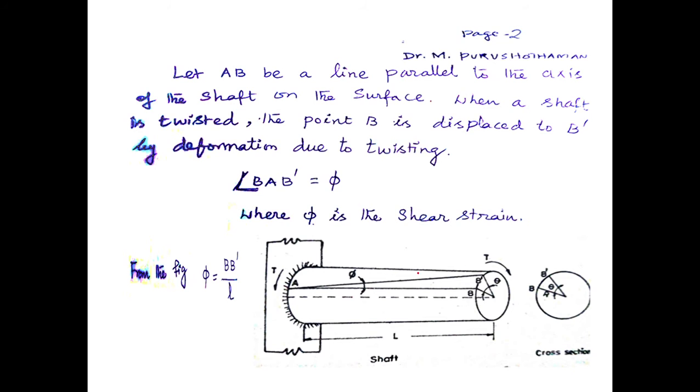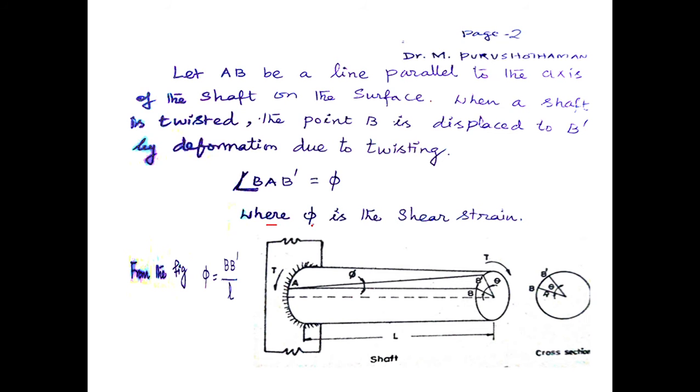Due to rotation, due to the application of this torque T, point B displaces to B dash. Now the deformation, that is the angle BAB dash, the angle of displacement, is phi.